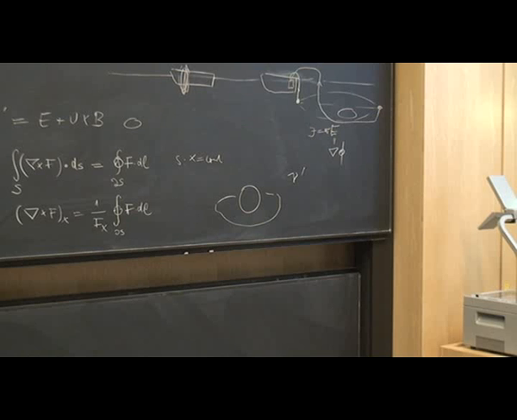Any other questions? Just a comment that at least I figured out how to do that. I didn't really know that adding a gradient to the current doesn't change anything. Yeah, you can do it without a gauge. Just take the Maxwell equation of Ampere's law and take its curl.